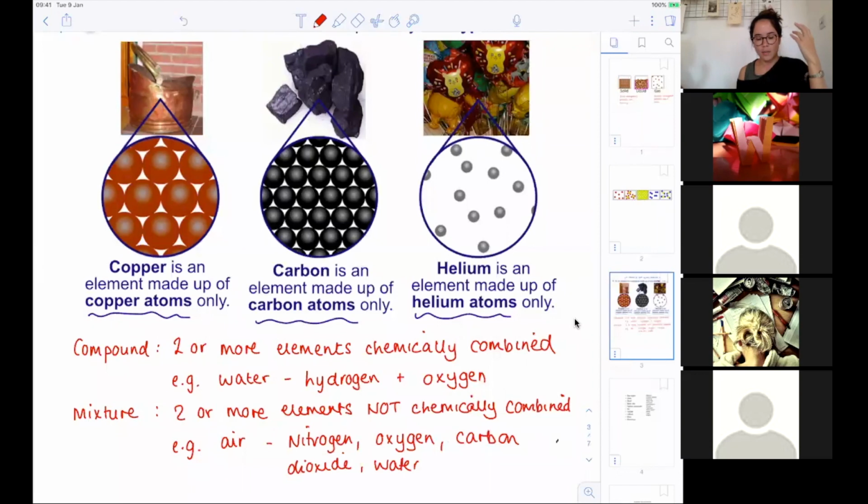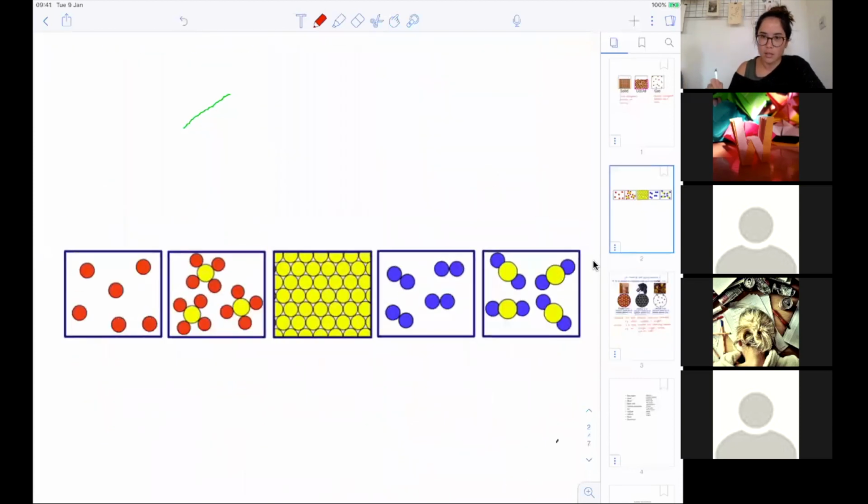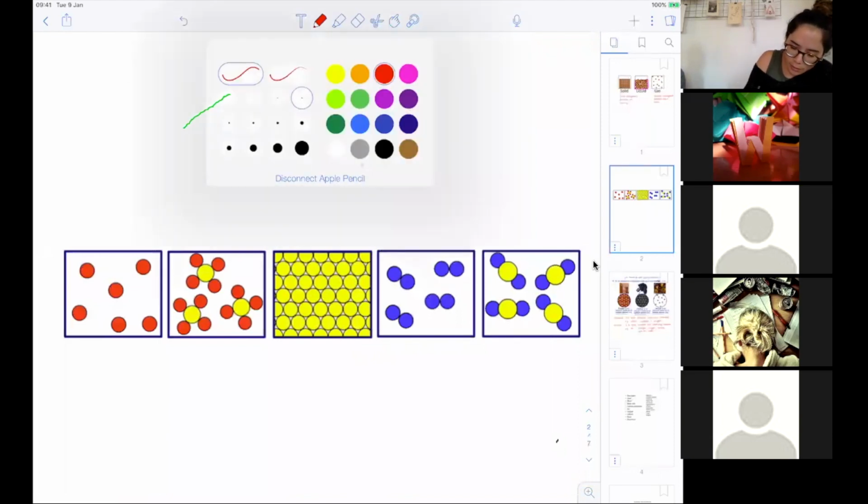So let's notice we have a compound which contains two or more elements chemically combined. A mixture contains two or more elements not chemically combined. So now it's time for you guys to do a task. So here we have 5 boxes, and your task is the following.